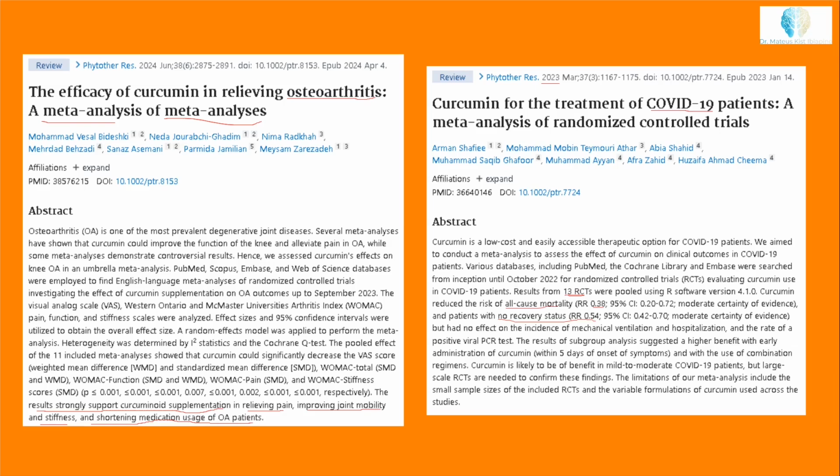We have to take this with a grain of salt, but it's a very encouraging result and it merits further studies. This review highlights the limitation of these studies. Some studies had small sample sizes, different formulations of curcumin, but overall it points towards very interesting benefits for these patients with the use of curcumin.